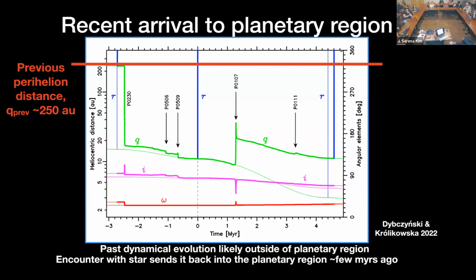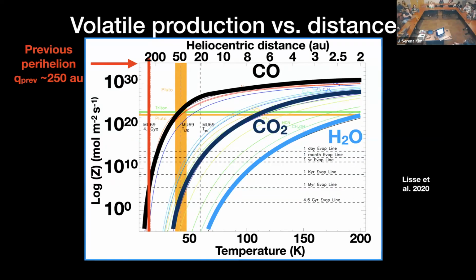Now, this 250 AU is very important, because this is the distance at which the cometary volatiles do not sublimate. H2O really only starts to sublimate inside 5 AU, and CO2 is about 15 to 20 AU. But CO is the most hypervolatile of all the cometary volatiles, and it is active out to hundreds of AU.